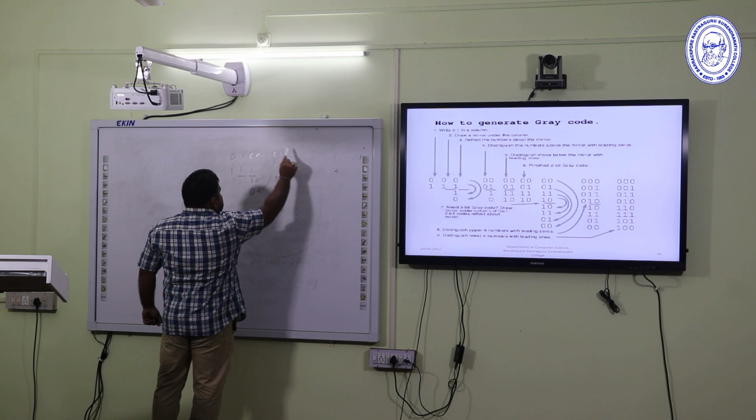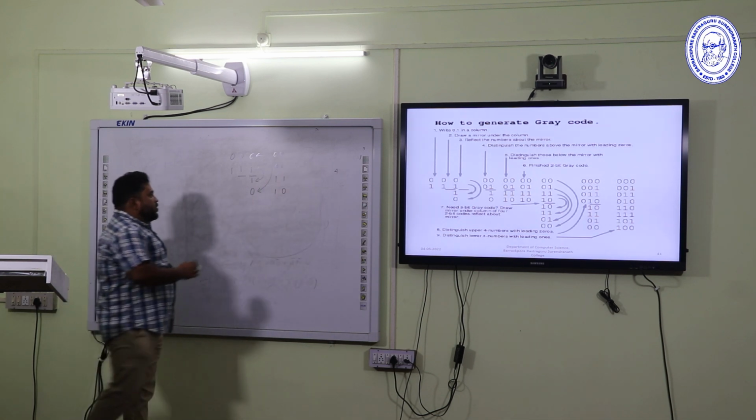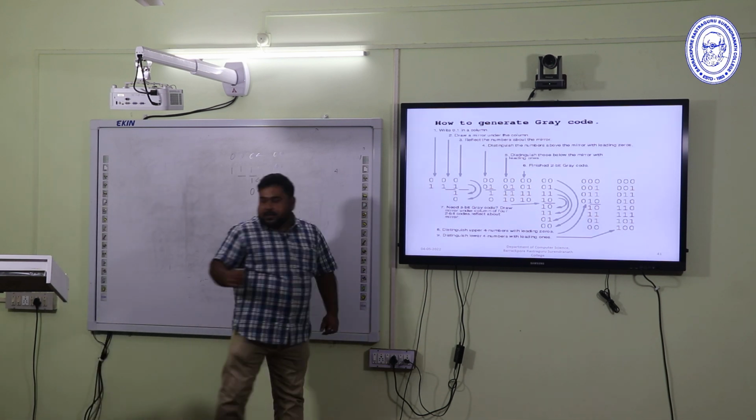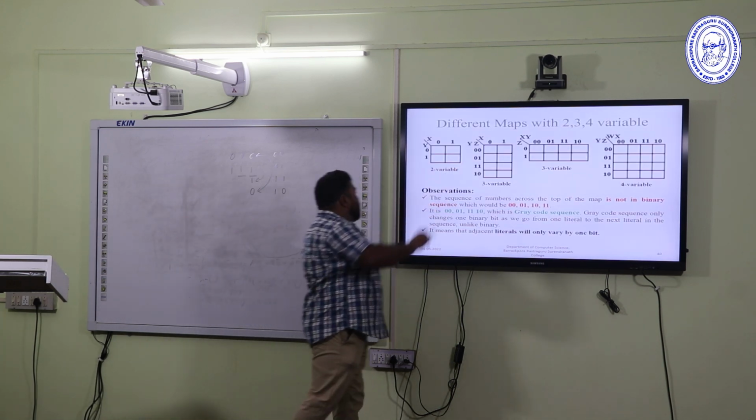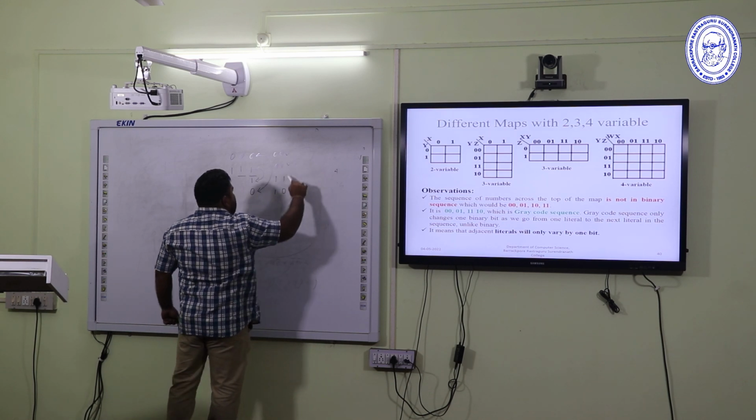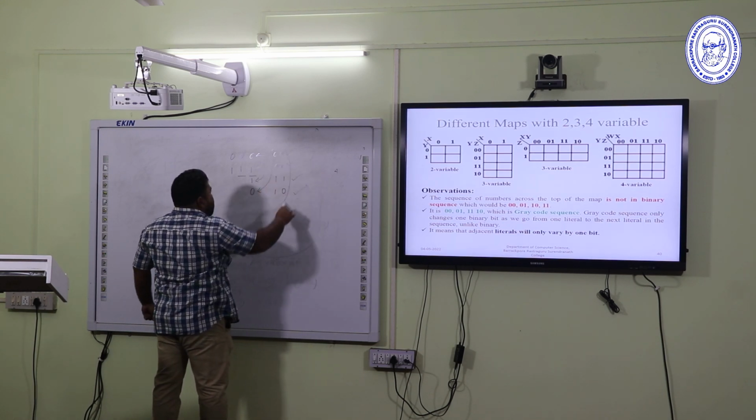So this is the two variable gray code sequence. That's why in a K-map we use 0 0, 0 1, 1 1, 1 0. So this is the gray code sequence.